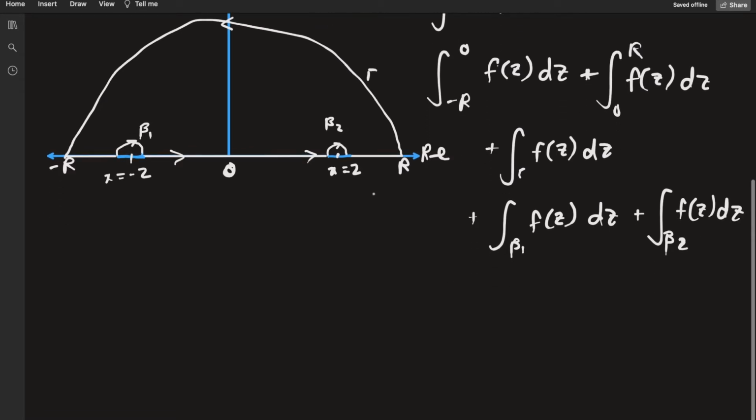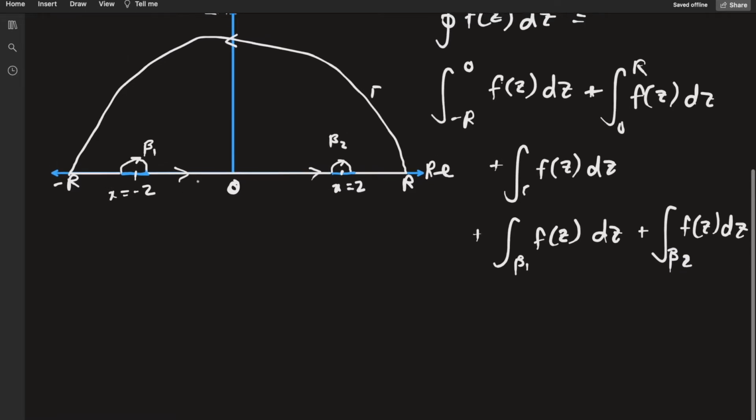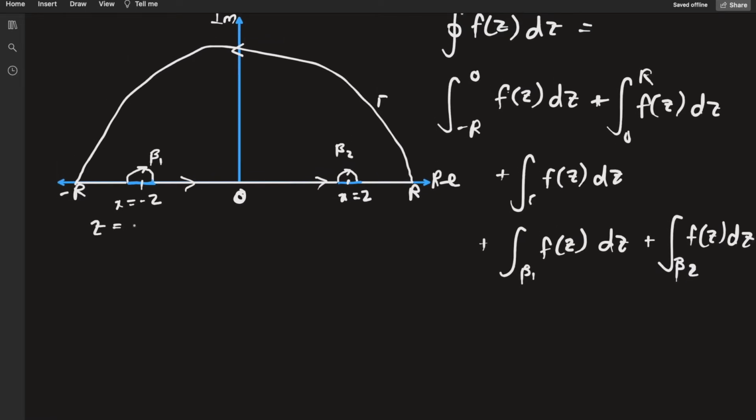Fair enough. Notice that, at least on this negative patch, z is equal to -x.